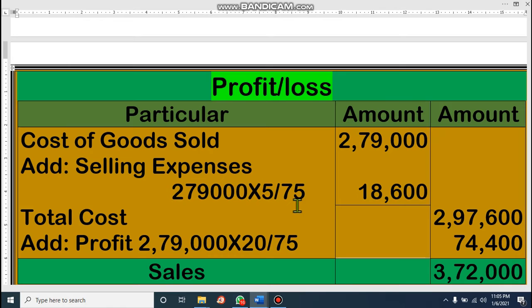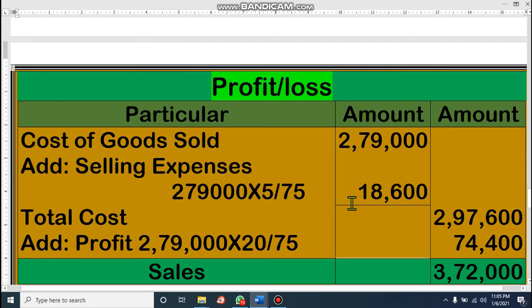That means if cost is 75, then selling expenses is 5. So our cost is 2,79,000. It is a simple math of unitary method. If cost is 75, then selling expenses is 5. If cost is 2,79,000, then it will be 18,600.